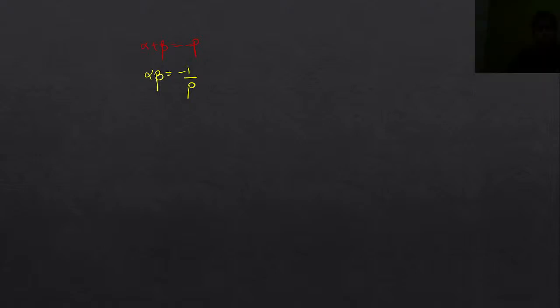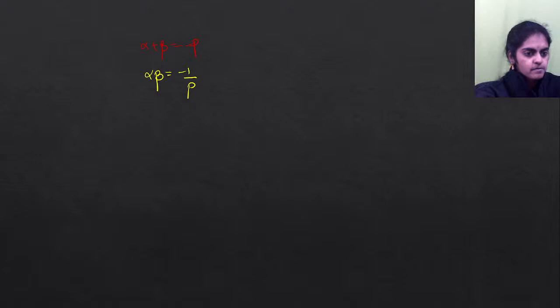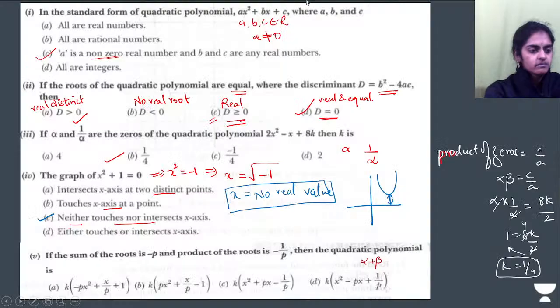Product of the roots is minus 1 by p. Okay, sum of the roots is minus p and product of the roots is minus 1 by p. So when you're having this, they are asking you to find what? The quadratic polynomial चाहिए आपको.